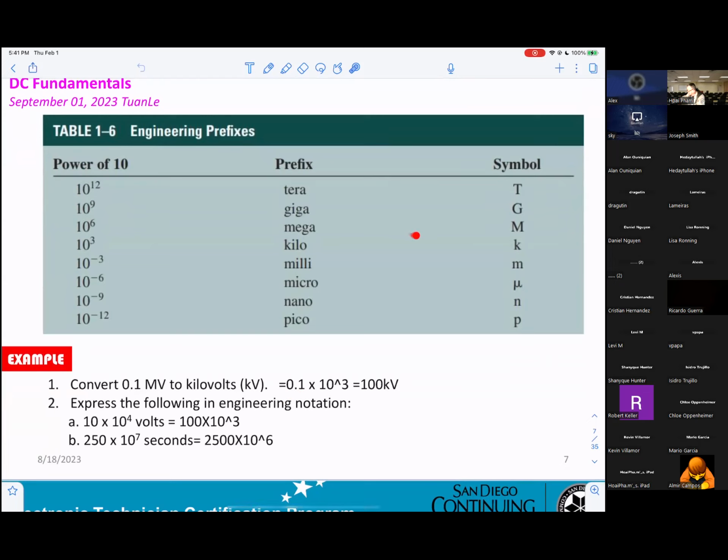Mega here is 10 power of 6. Kilo will be 10 power of 3. So that's why 0.1 times 10 power of 3. You get kilovolt. And express the following in engineering notation. You can see the answer.